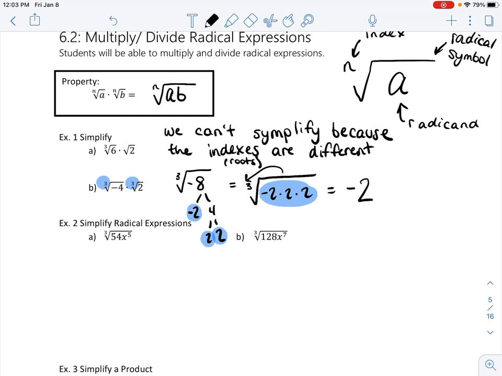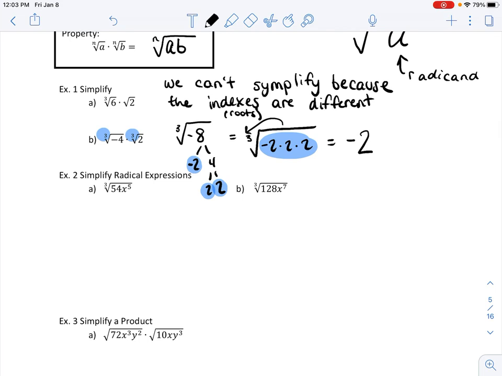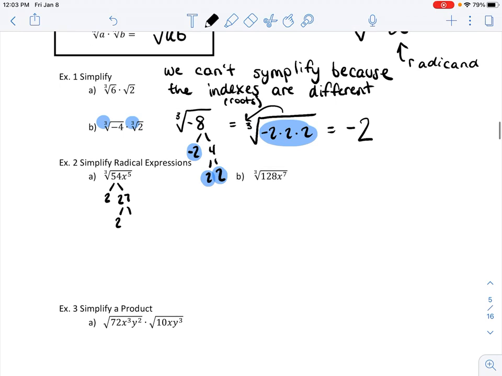So this next example, simplify radical expressions, is really just review from 6.1. I'm going to go through these pretty quick, and you can follow along, pause me if you need to try and check yourself. So I'm going to split up the number first, do my primes, I should say.